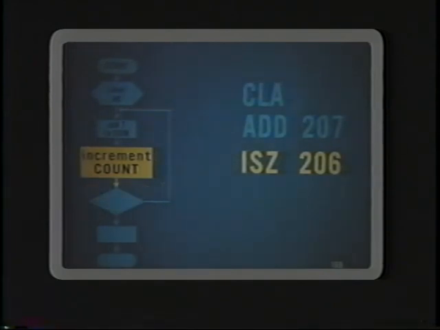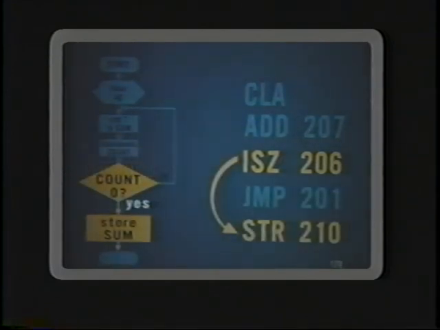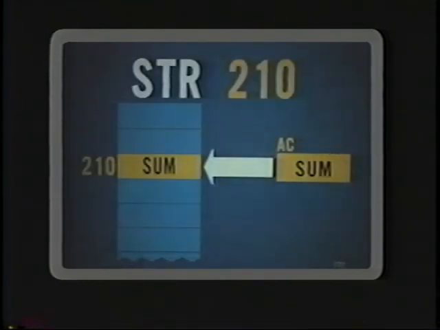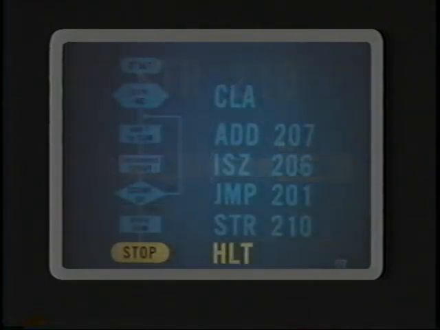On the 11th pass through this loop, the ISZ instruction will increment the count to 0. Consequently, when the count is tested for 0, the computer will skip the jump instruction and execute the store instruction. The store instruction causes the final sum to be transferred from the accumulator to memory location 210. Processing operations will then be terminated by a halt instruction.